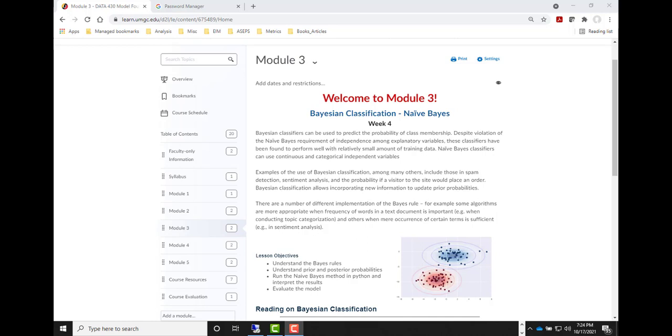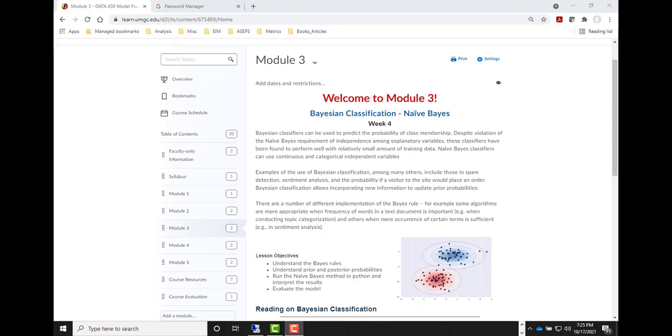Naive Bayes makes a very simplistic assumption that looks unrealistic for any real world problem, but in practice it does work for many problems. The assumption in Naive Bayes is that the explanatory variables are independent given the target variable.